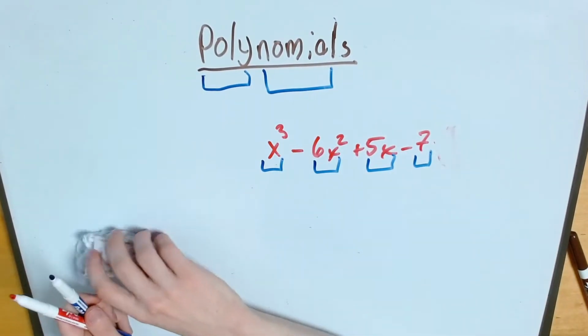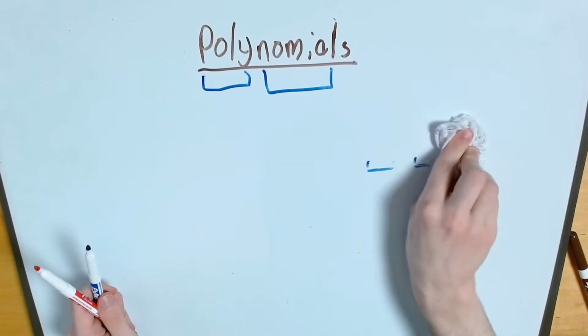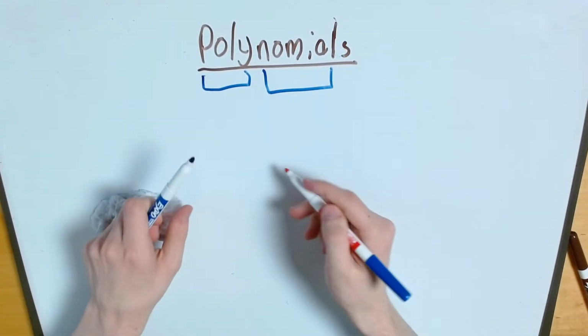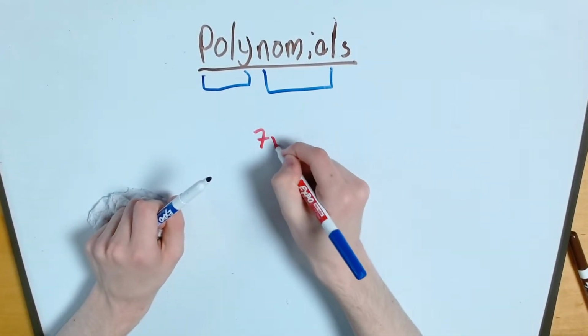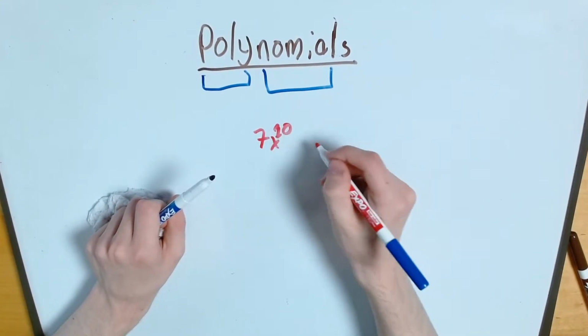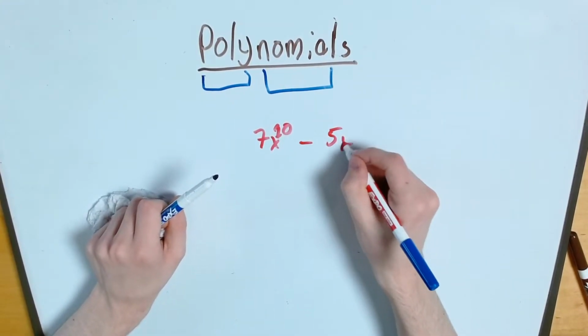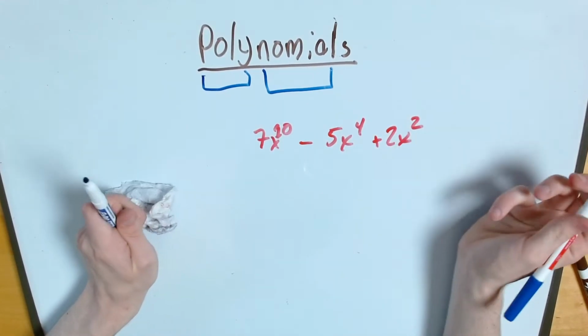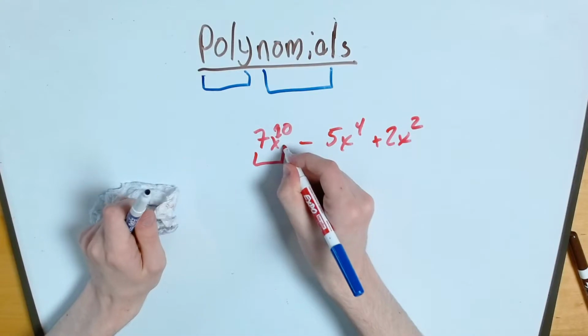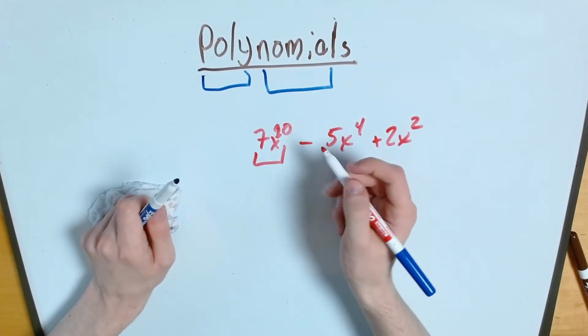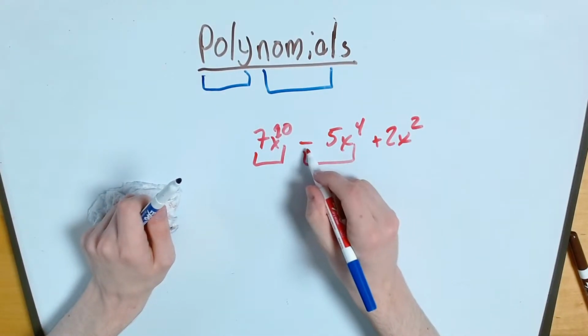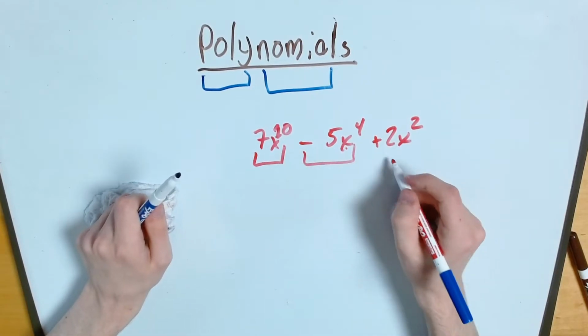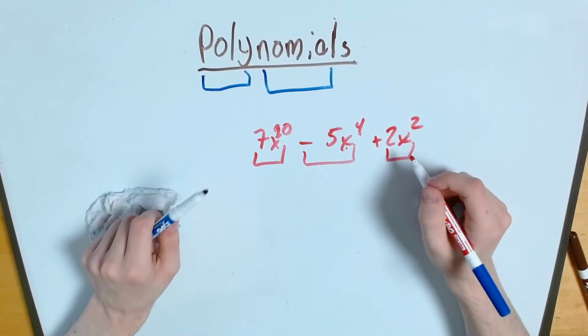So if I had, let's say, another polynomial, like 7x to the 10 minus 5x to the 4 plus 2x squared. Here, that's one term with an x and a coefficient. This is another term with an x and a coefficient. This is another term with an x and a coefficient.